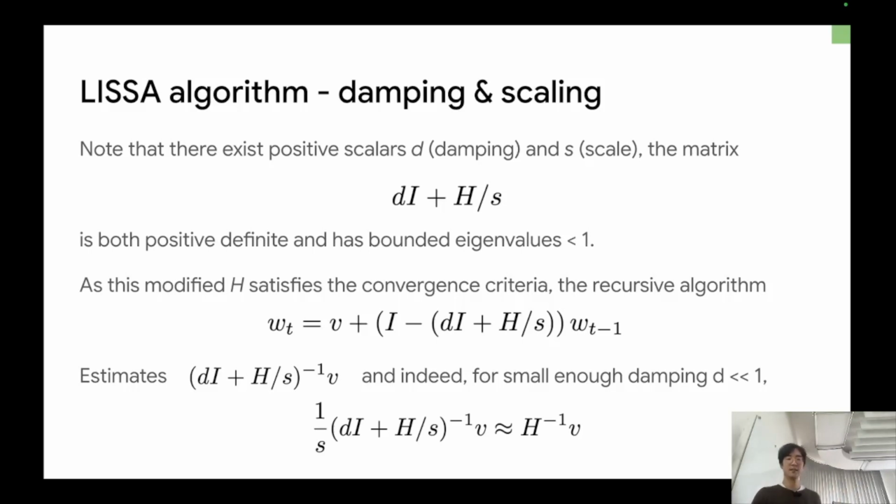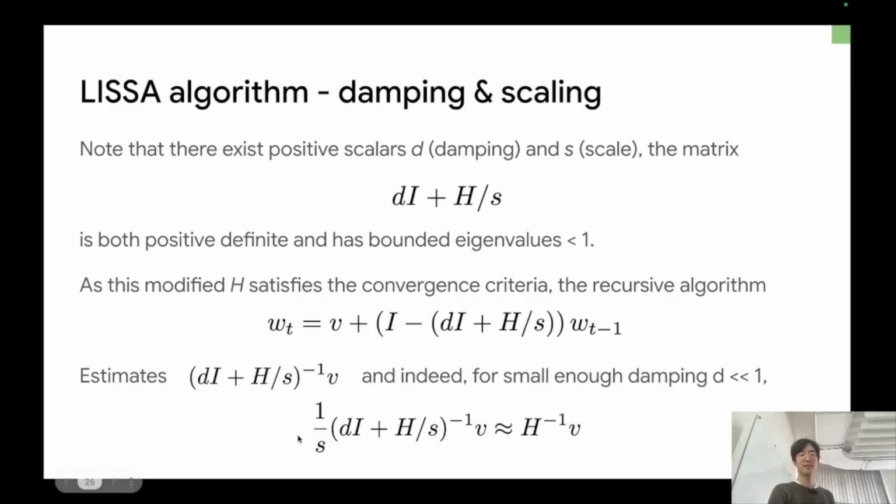So in this case, you can modify the original LiSSA algorithm to v plus (1 minus dI plus H over s) times w_{t-1}. When d is small enough, w_t defined this way will also approximate H inverse times v, times s, actually.